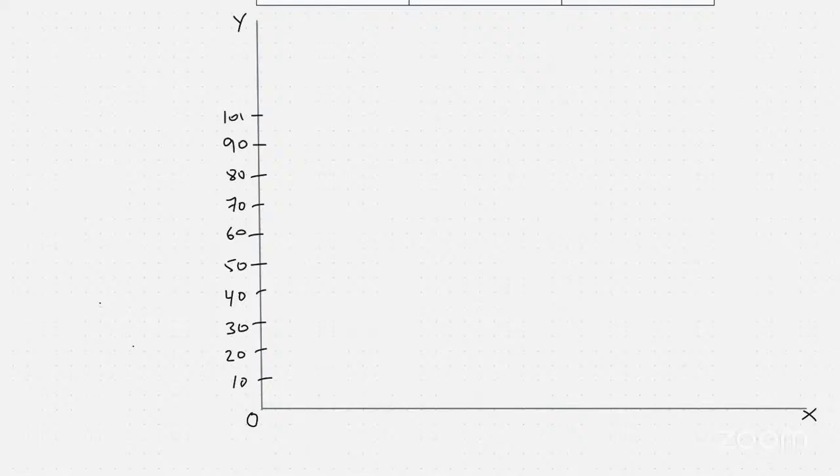This scale also you can take, or you can take that scale 60, 65, 70, 75, 80, 85, 90, 95, 100. Both are fine.